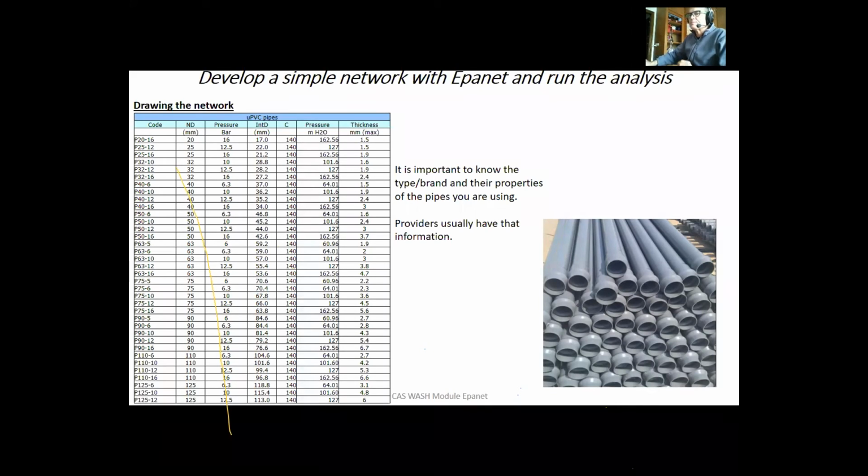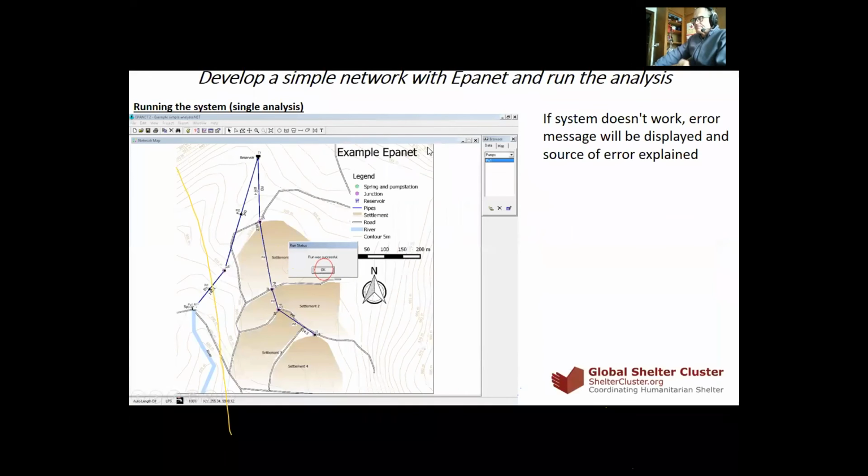Okay, you now have this list. Now you have your pipes, and now you can run the analysis. You just click on the lightning bolt here and you run the analysis. Most probably you might have problems, for several reasons.